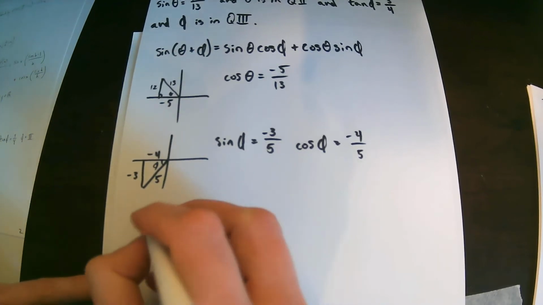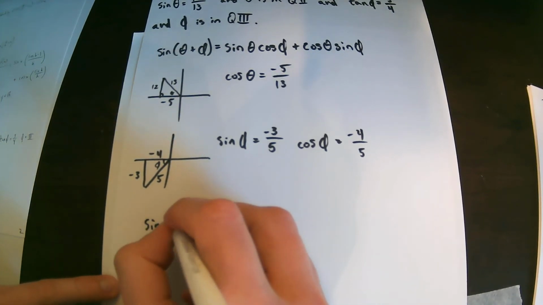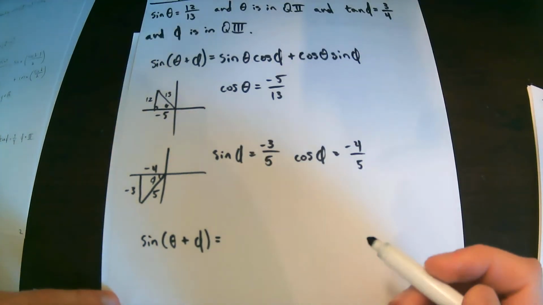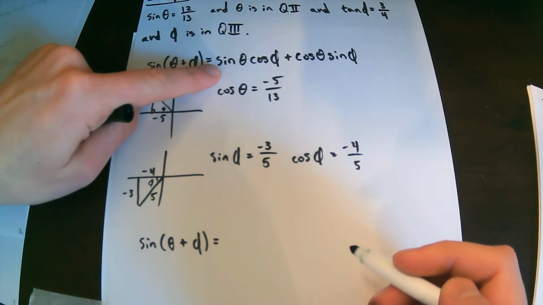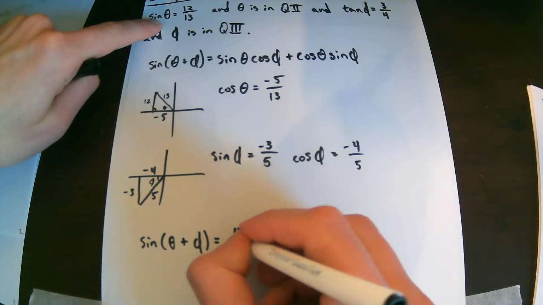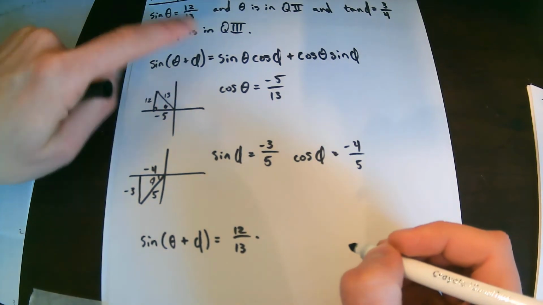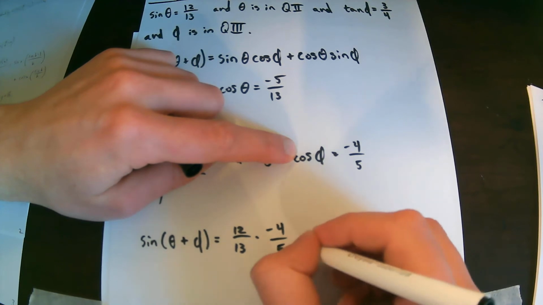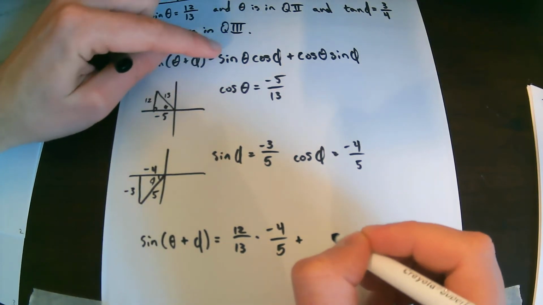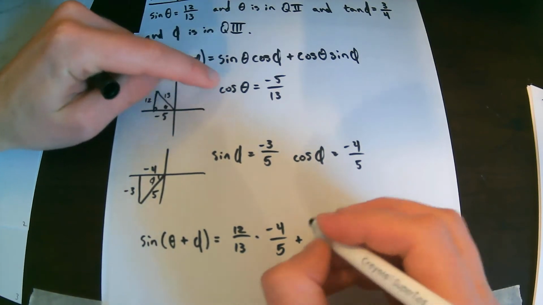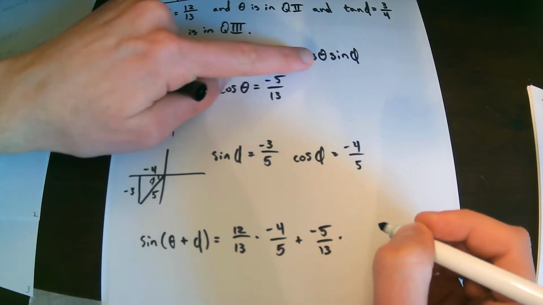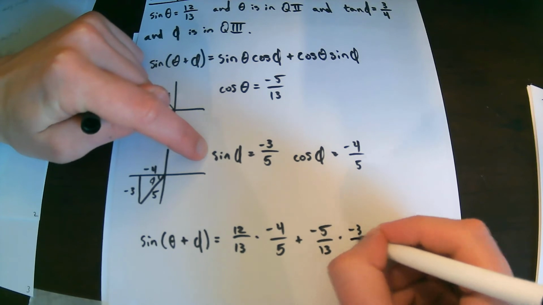And now all that remains is to plug each of these in. So sine of theta came from the actual problem, so 12 over 13, times cosine of phi, which is negative 4/5. Just make sure you're not getting mixed up here, and that you're plugging in the right thing. Cosine of theta is negative 5/13. And then sine of phi is negative 3/5.